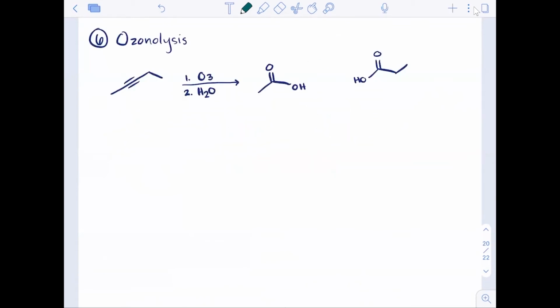The last one that we want to talk about is ozonolysis. Again, no mechanism for this one. This is going to be very similar to what we saw in the last chapter. Ozonolysis here, the only difference in the reagents is we can just simply use water for that second step.